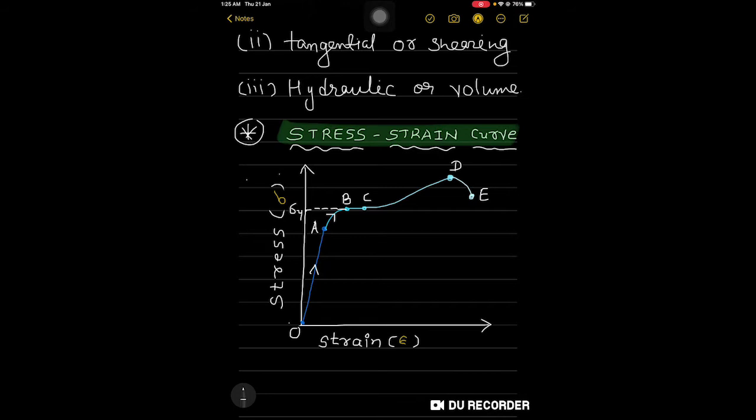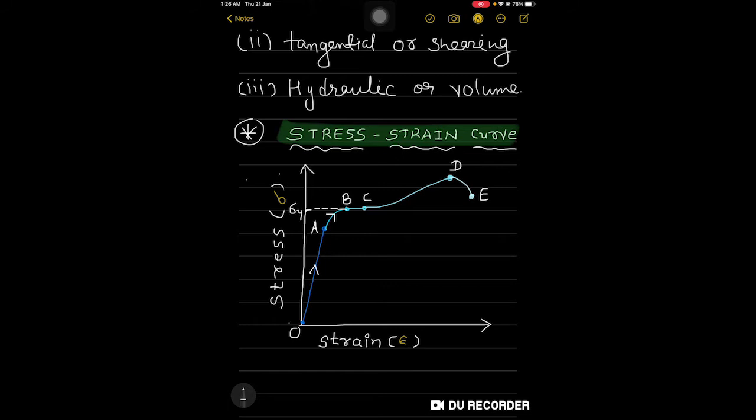When more stress or external force is applied, with a small change in external force the strain increases rapidly, as shown in the graph from B to D.